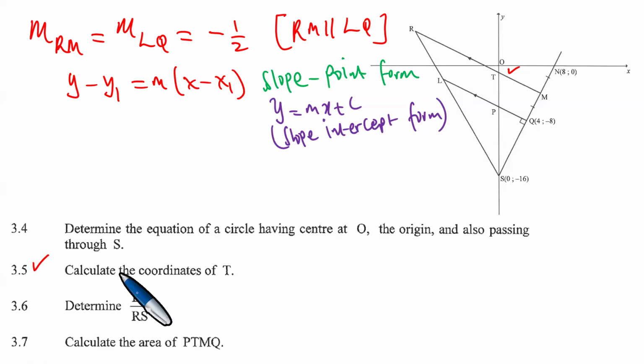Now, this line RM passes through a point whose coordinates we know. We want to find the coordinates of T, and T lies on RM.